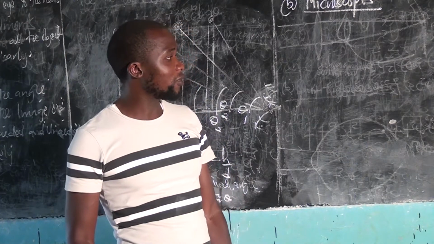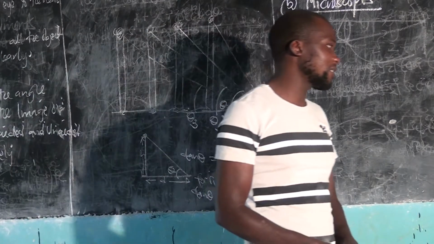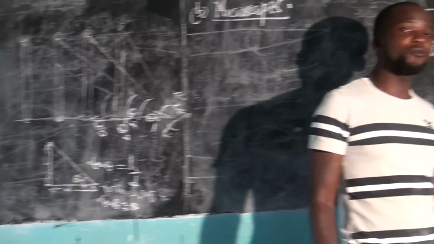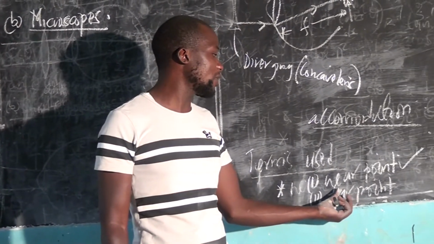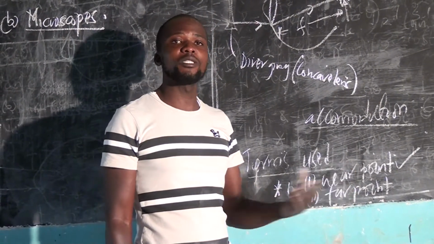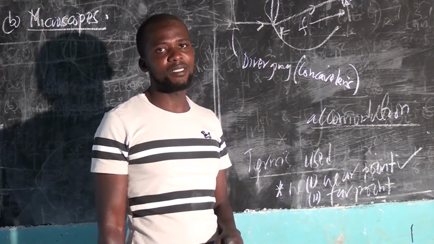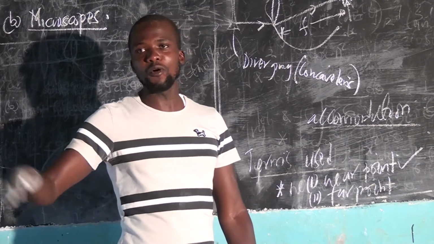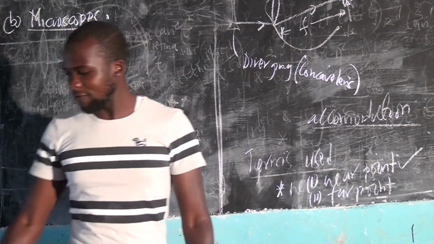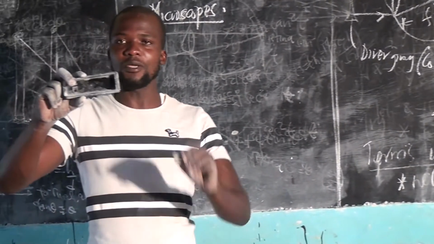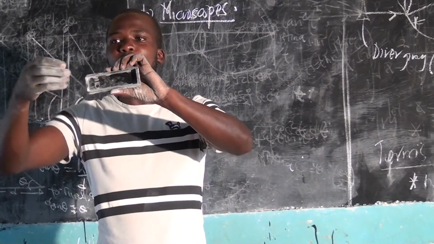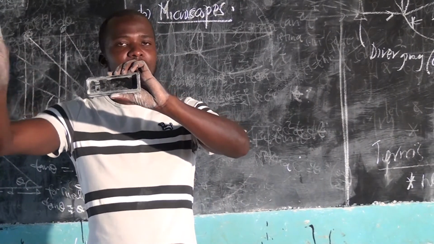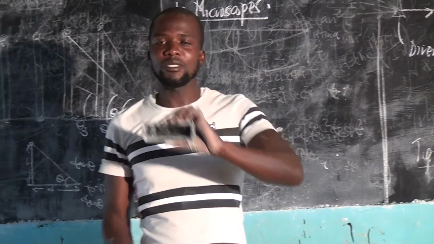Actually, we forgot to discuss what a far point is. A far point would be any point beyond which the object's details cannot be seen clearly. So if this is my near point, any point beyond my near point becomes the far point.